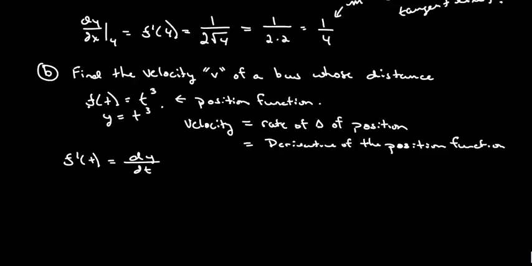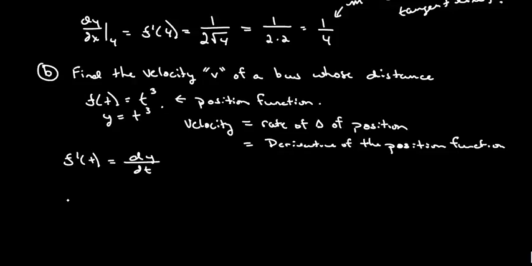If we replace f of t with y, then f prime of t is the same as dy dt. Notice that the t's on here because this tells me what variable I'm differentiating with respect to. So how do we find that?